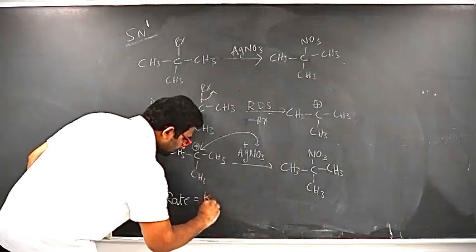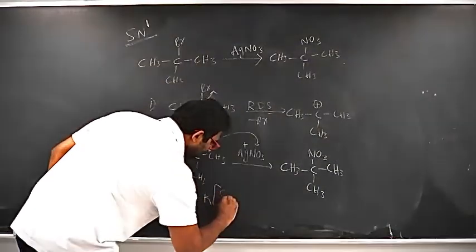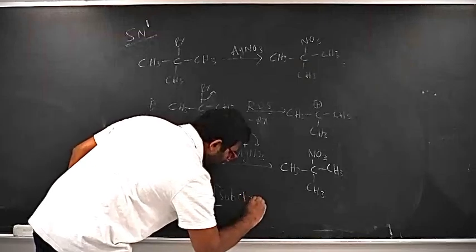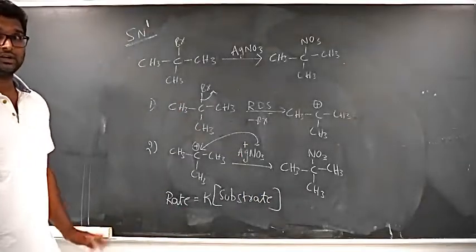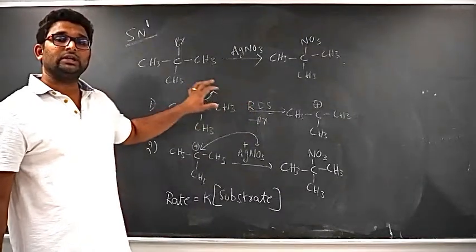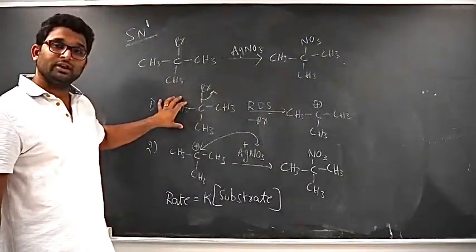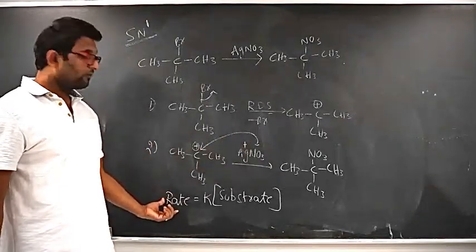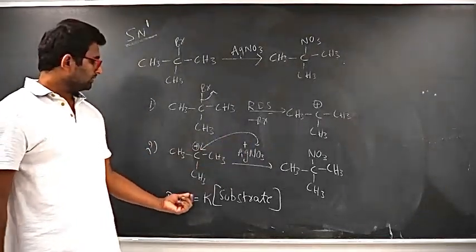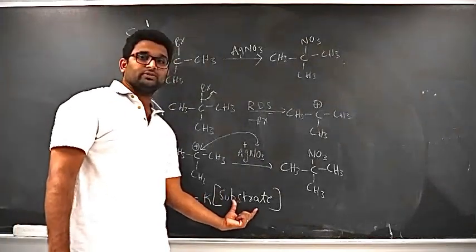Rate equals k times concentration of the substrate. The rate determining step involves only the substrate but not the nucleophile. For that reason, the rate of an SN1 reaction depends only on the concentration of the substrate.